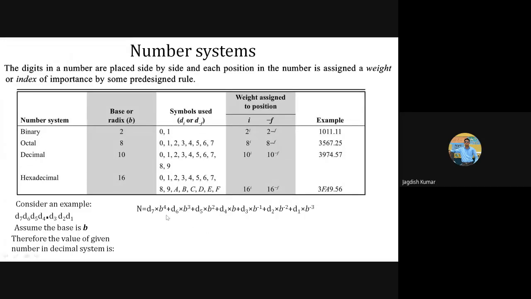In this example, it should begin from b raised to the power 0. Then it should be b raised to the power 1, because the weight for d5 is b raised to the power 1, correct? And the weight for d6 is b raised to the power 2, and the weight for d7 is b raised to the power 3. Very correctly pointed out by Abhi Kashyap. I think others should also be concerned about what I have written on the screen and be careful. Fine, thank you for pointing this out.